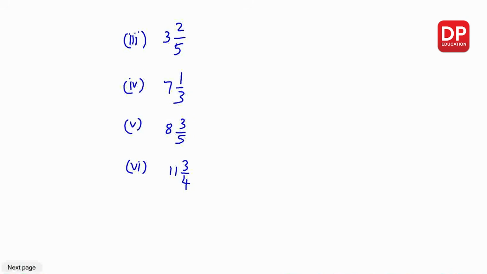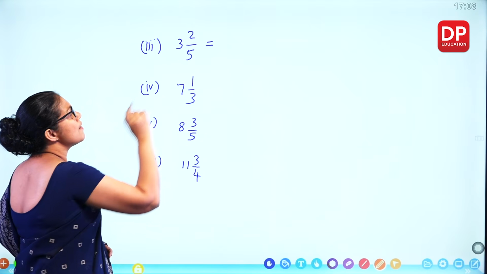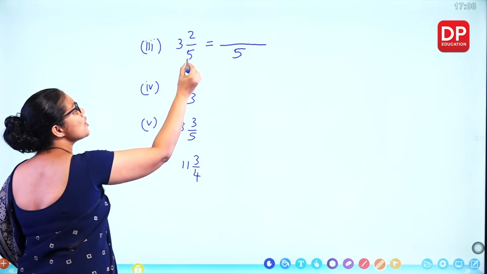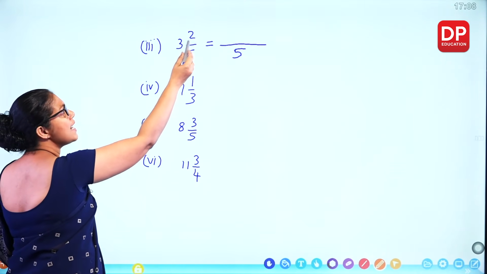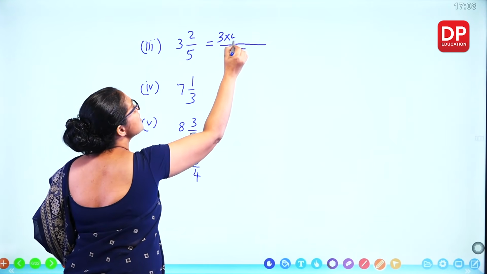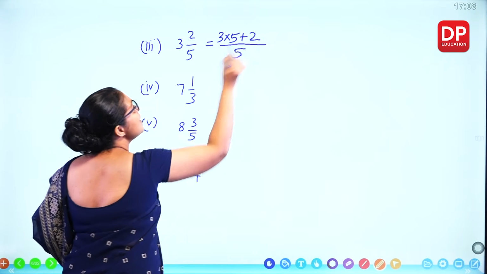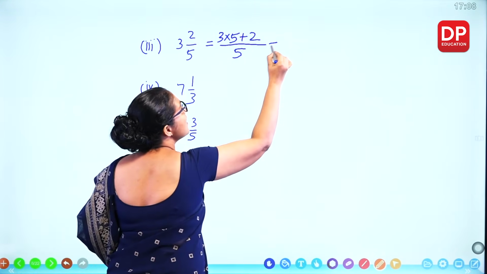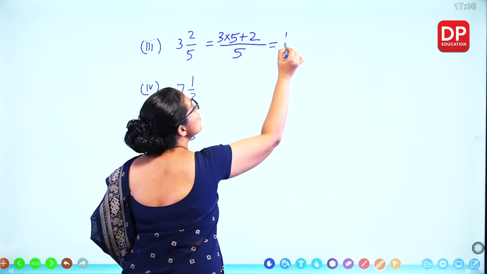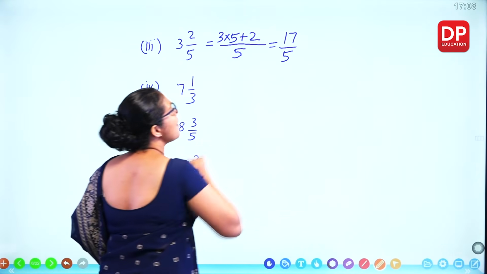Now we'll take these examples. 3 and 2/5. How can we do that? 5 is the denominator. Multiply and add. 5 times 3, 15. So I'll write it first and then add 2. 15 plus 2, 17 over 5.